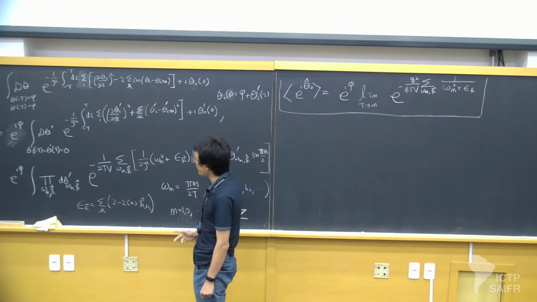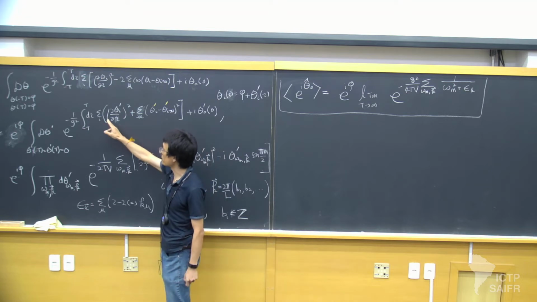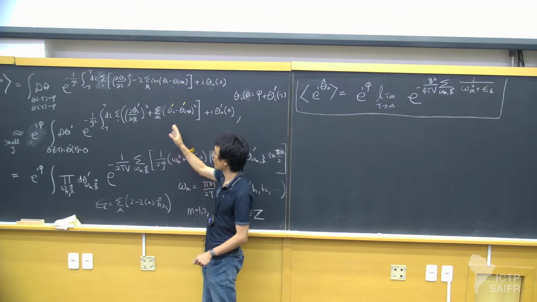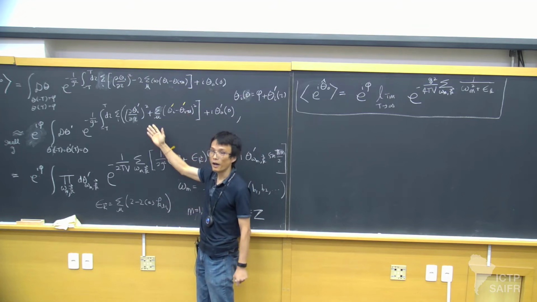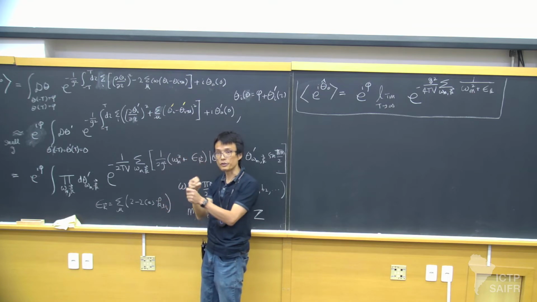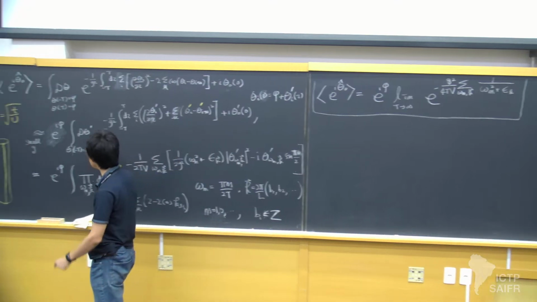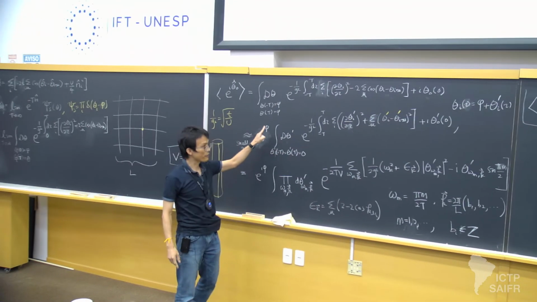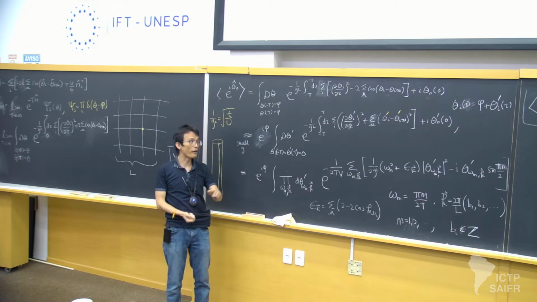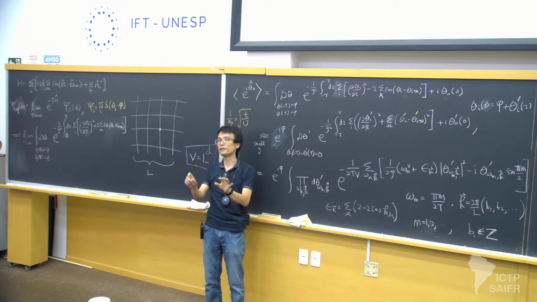And then the last thing we did is that because in real space and time there's a coupling between different sites, although it's Gaussian, different sites and time are coupled with each other. And to be able to do this path integration, it is convenient to go into the basis where this action has no coupling between different modes.